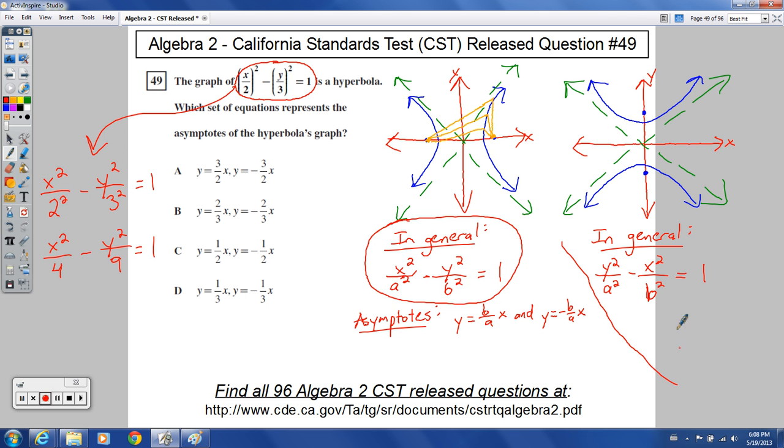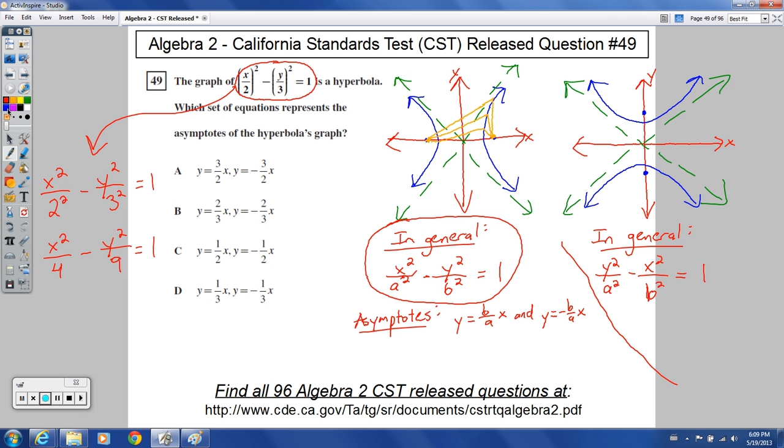We're not dealing with the other form because this is how our particular problem looks. If it was that form, it would actually be a over b times x and negative a over b times x. And so now it's simply a matter of figuring out what my b and what my a are, plugging in the numbers, and then you've got the equations that you need.